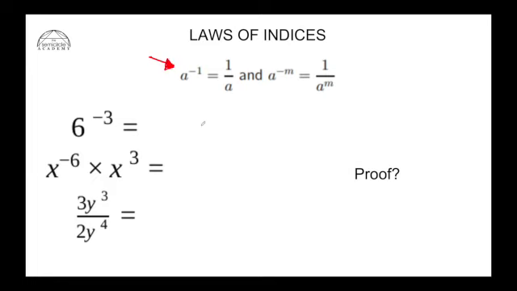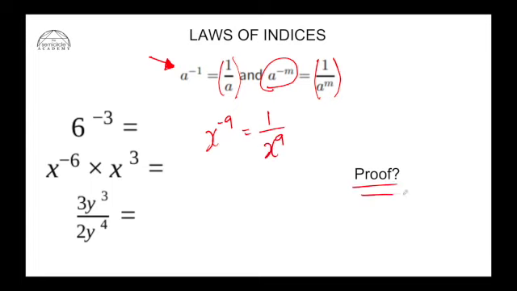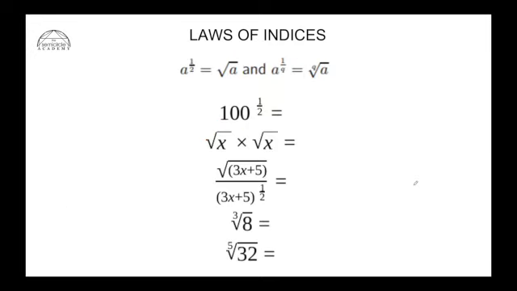At the CSEC level, anything to the power of a negative index is actually a fraction, 1 over that base. So if I have x to the power of negative 9, that is the same as 1 over x to the positive 9. We proved all of it, right?